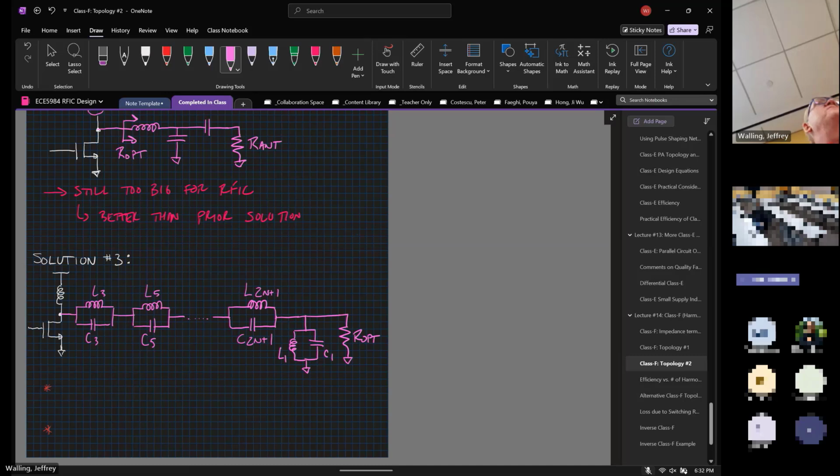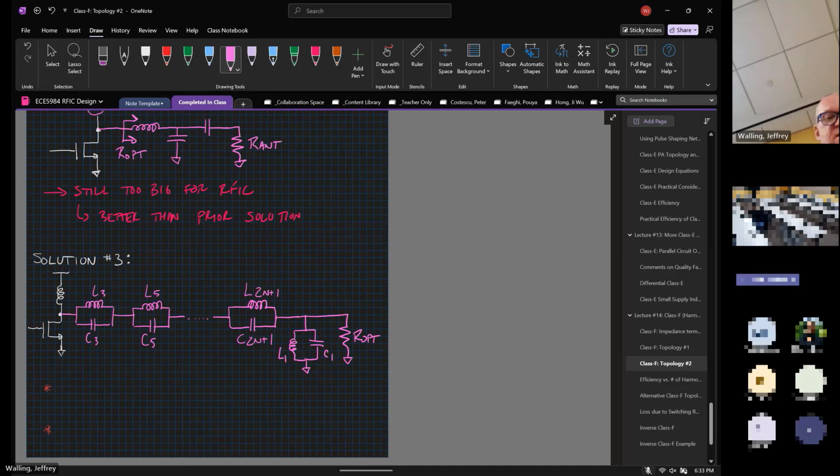You put a bunch of parallel resonant networks that are all designed to be parallel resonant at a different harmonic. So for L3C3, that's parallel resonant at the third harmonic. It means it's a high impedance at the third harmonic. And then L5C5 is a high impedance at the fifth harmonic, and so on and so forth.